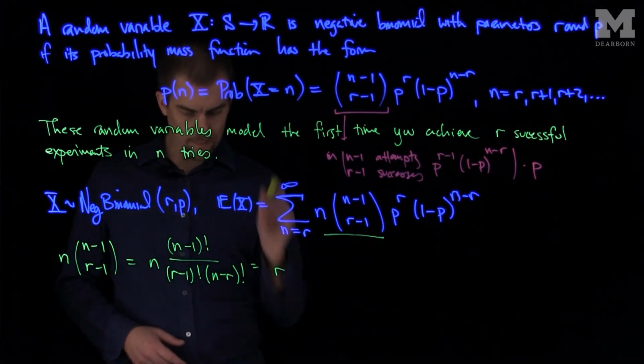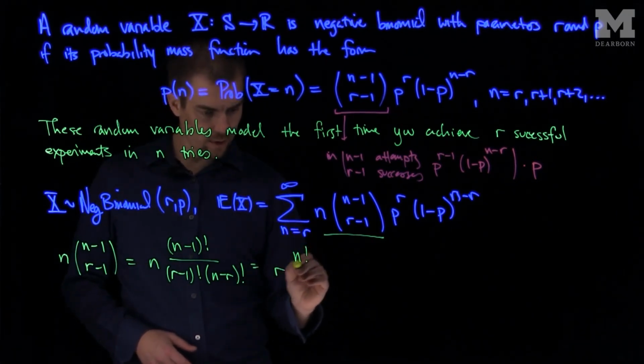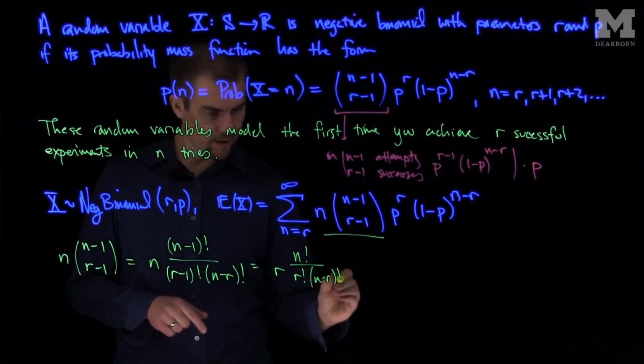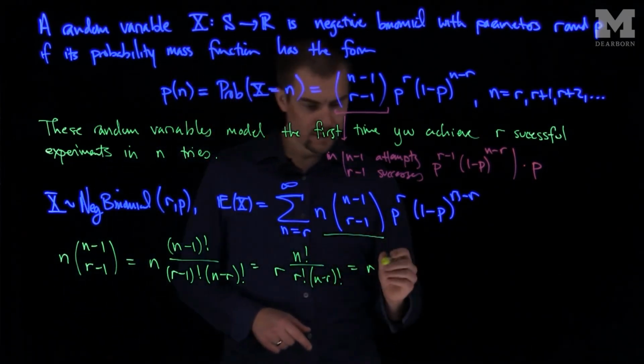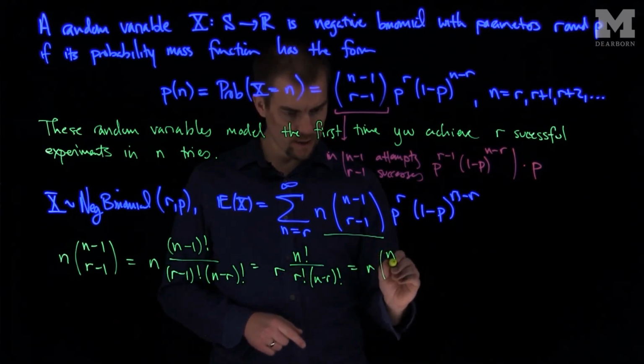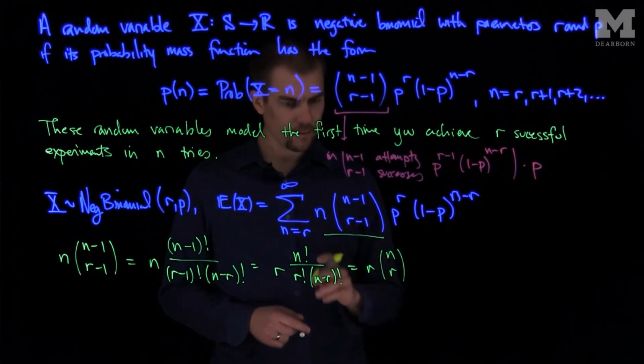Then I'll have n factorial over r factorial and then n minus r factorial. So this is r times n choose r.